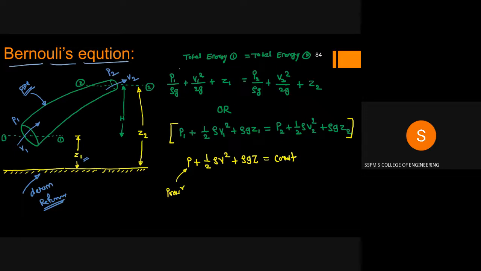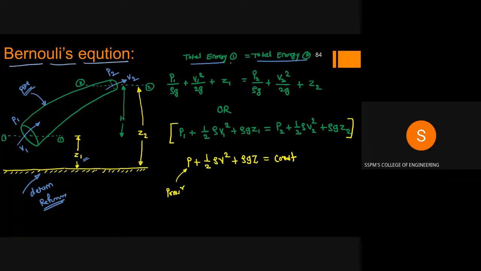Bernoulli's equation says the total energy at section 1 is equal to the total energy at section 2. We consider the fluid inviscid, with viscosity 0, so we can apply Bernoulli's equation.